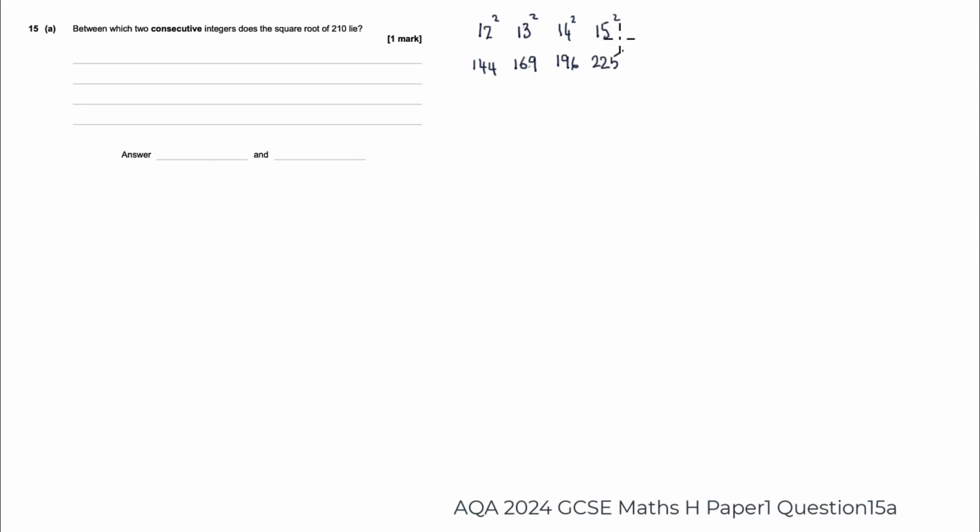225. Now, if we look at what we're asked about, the square root of 210. Now, 210 is between these two numbers, 196 and 225. The other way of writing all of these results: the square root of 144 is 12, the square root of 169 is 13, the square root of 196 is 14, and the square root of 225 is 15.